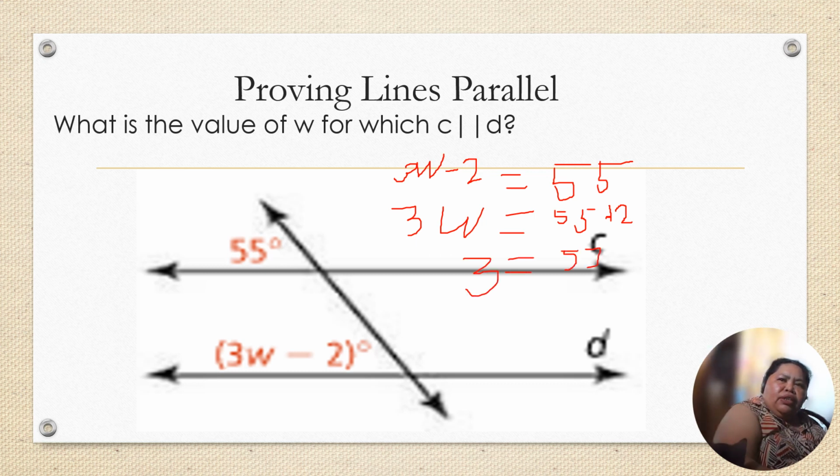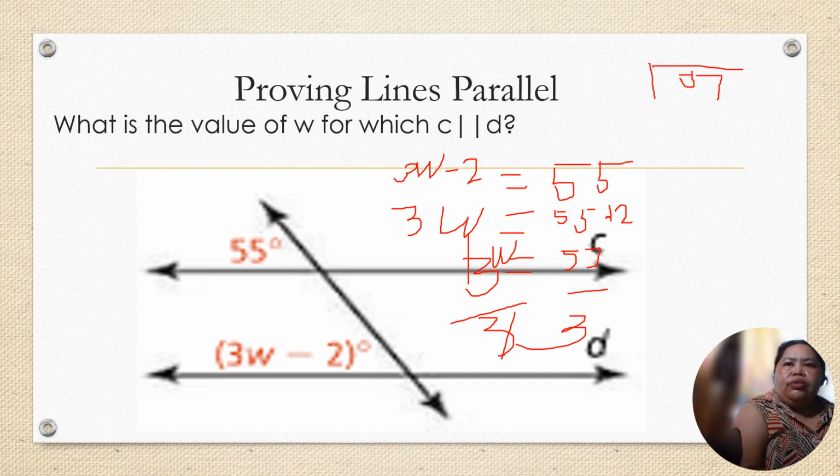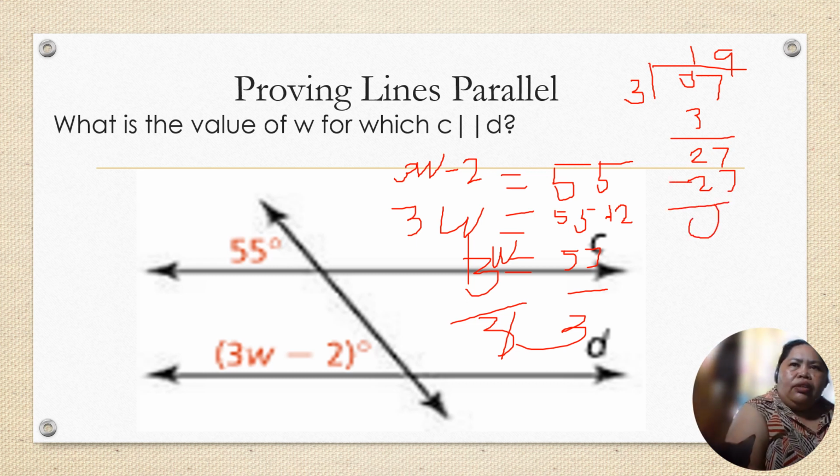So divided by 3. We have 57 divided by 3, which is 19. The answer is the value of w is equal to 19.